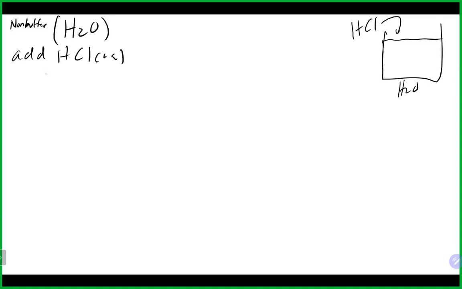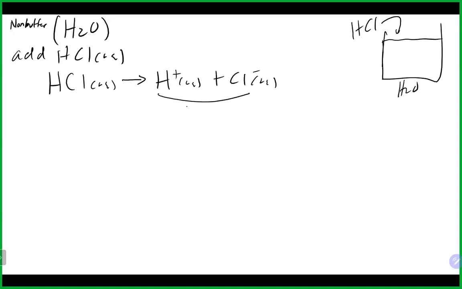When I do that, because it's a strong acid, it is, as we've been talking about, going to 100% break apart into ions, into H plus and Cl minus. So basically, when you dump that HCl in, you're dumping a bunch of free H pluses into that solution really, really quickly.